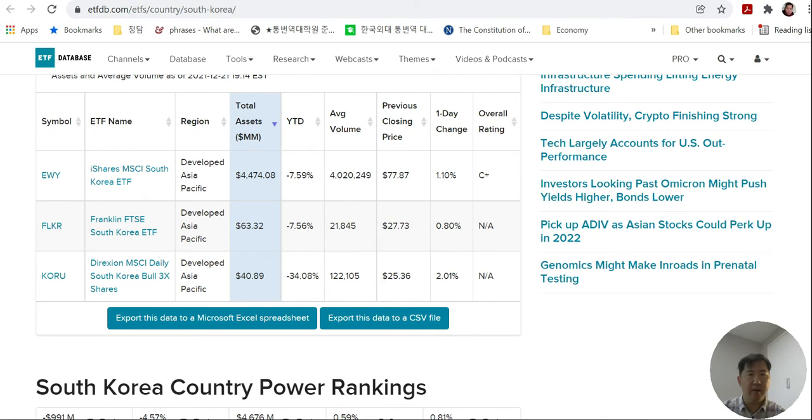The reason why I'm comparing those three ETFs is because they are the hard manufacturing basis of the whole world, actually, right? Taiwan is famous for its foundry business. TSMC is doing a great job in making so many sophisticated semiconductors.